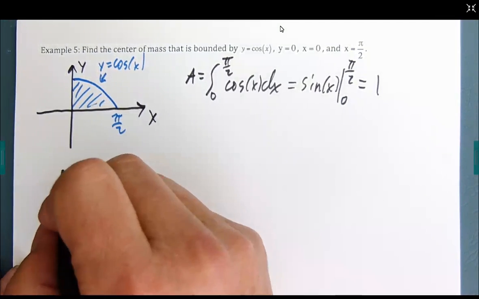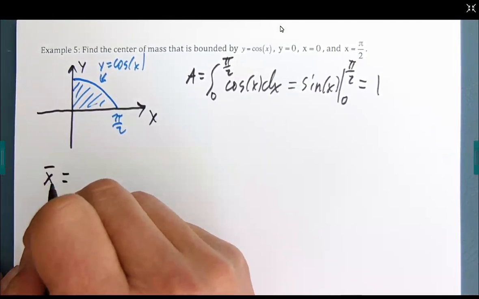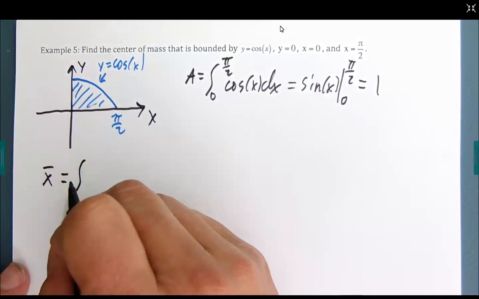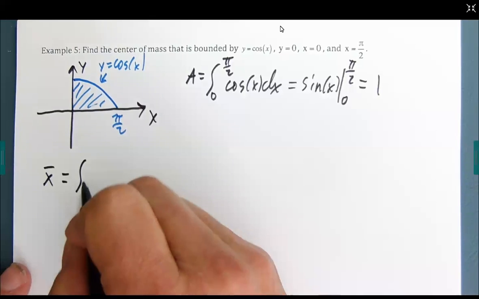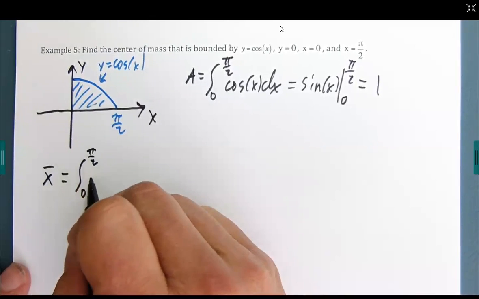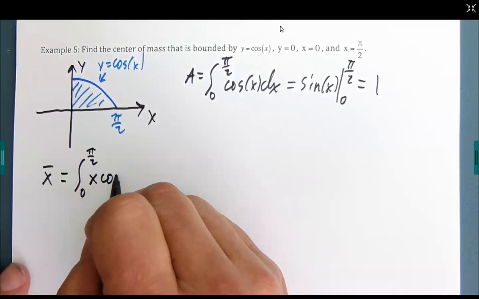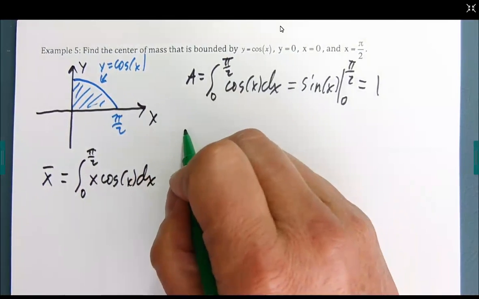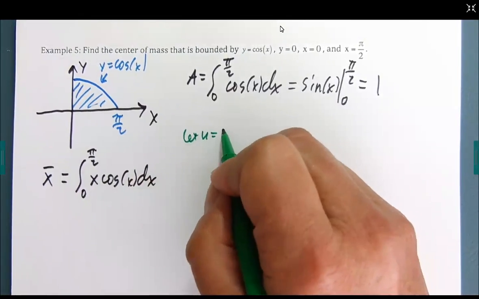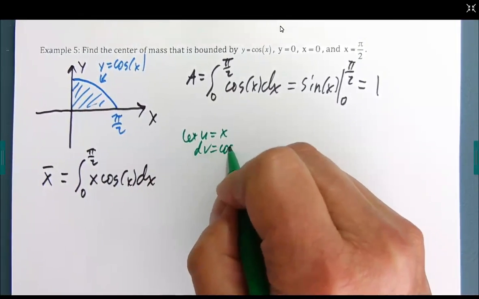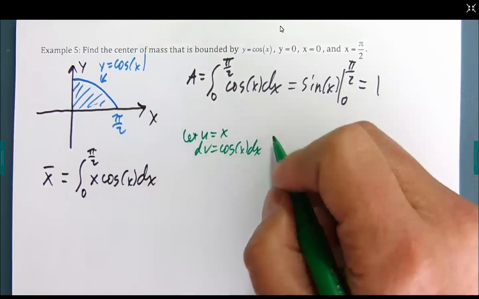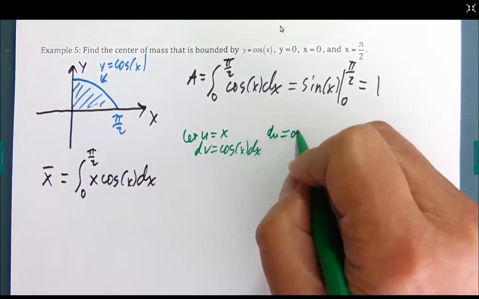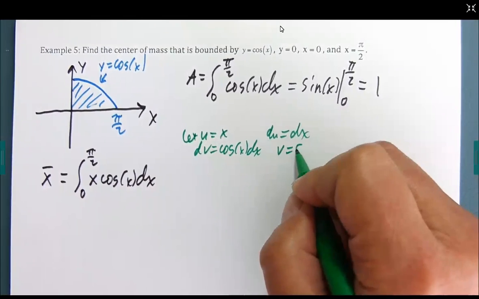Our x coordinate is going to be the integral, I'm skipping the 1 over a part, 0 to pi over 2, of x cosine x dx. All right, so this is going to involve by parts. So I'm going to go off to the side here and let u equal x, dv is cosine x dx, du is dx, and v is sine x.